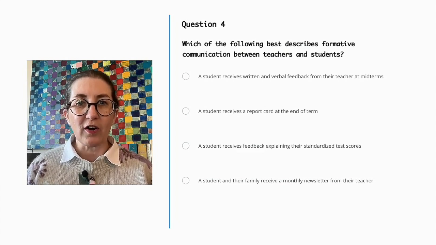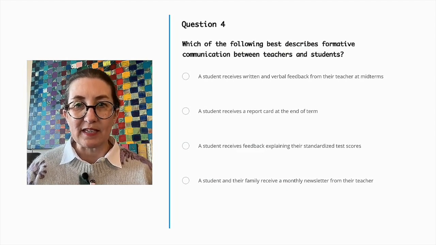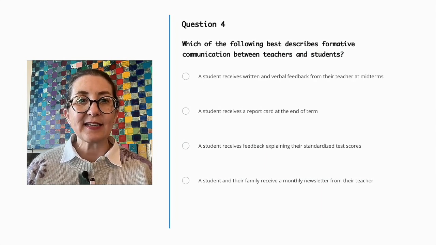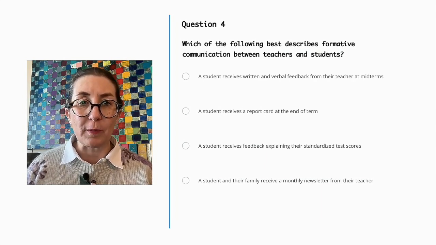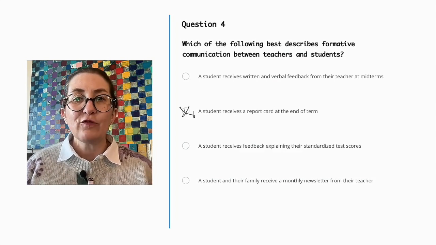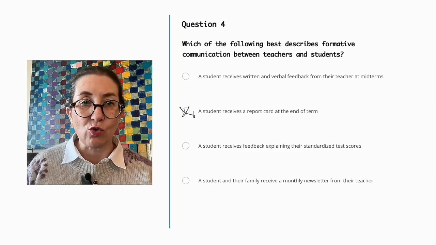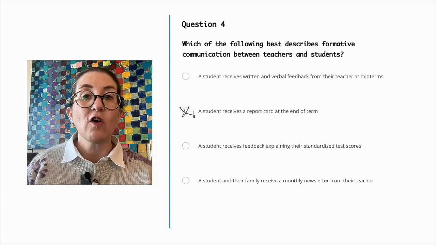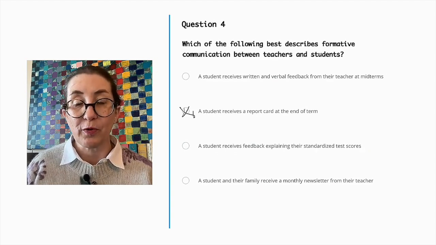Receiving a report card at the end of term is summative, not formative, as it evaluates overall performance after the period ends. Feedback on standardized test scores is also summative, focusing on post-test performance.